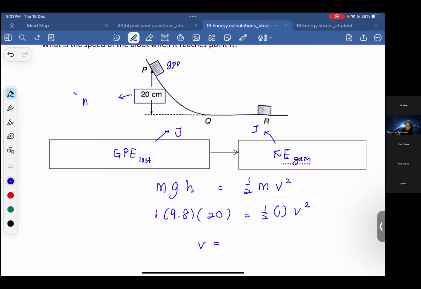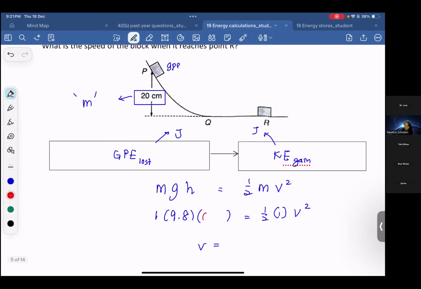We should convert it into meter. So for this one, you should write 0.2 meter. So at the end, your answer here, if you press the calculator correctly, should be 2 meter per second. See, it is in meter per second, not in cm. So this is the part that you need to pay attention to.